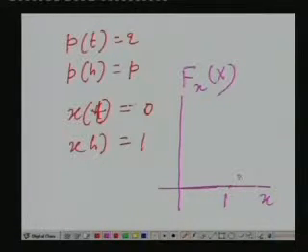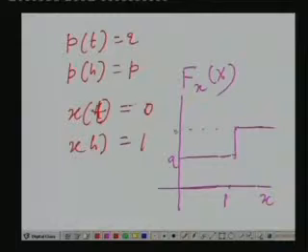Here x can be 0 or 1, up to 1, if this is tail, right. So, it is q, and then it becomes 1. All right. This is the probability distribution function.